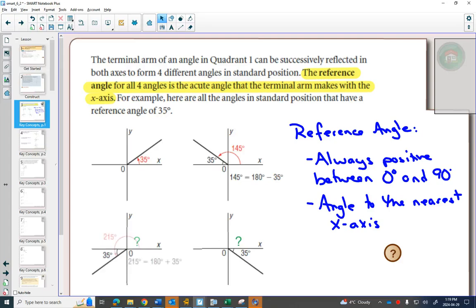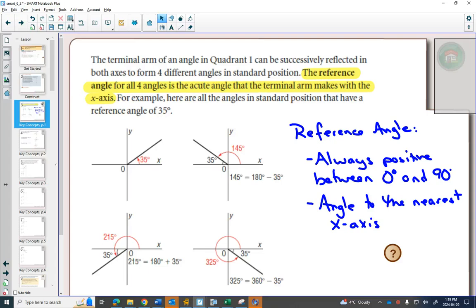The angle of 215 degrees also has a reference angle of 35 degrees, and an angle of 325 degrees also has a reference angle of 35 degrees.